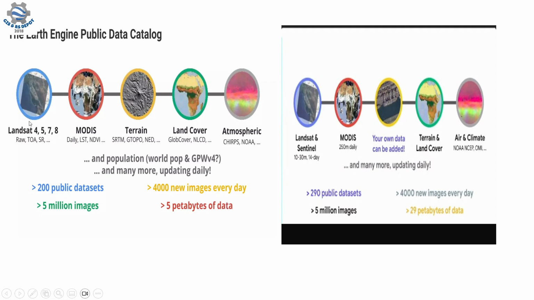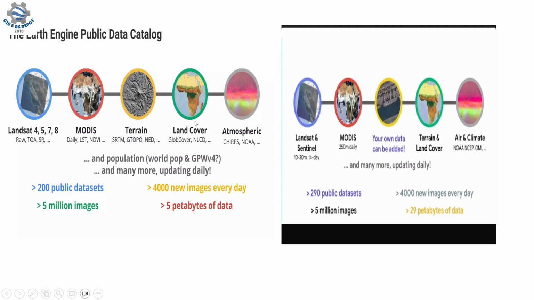Suppose Landsat satellite data: Landsat 4, Landsat 5, Landsat 7, Landsat 8, raw data, top of atmosphere data, surface reflectance data. And also you see the MODIS data, MODIS daily product, 8 days product, 16 days interval product, and also MODIS LST, MODIS NDVI, MODIS NDWI. Lots of datasets available in the MODIS section.